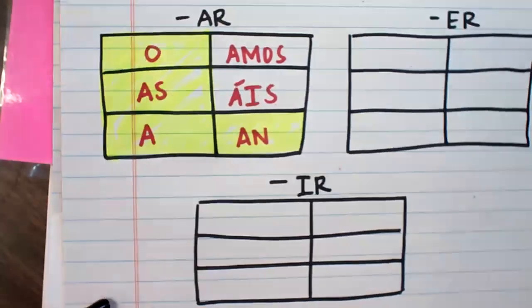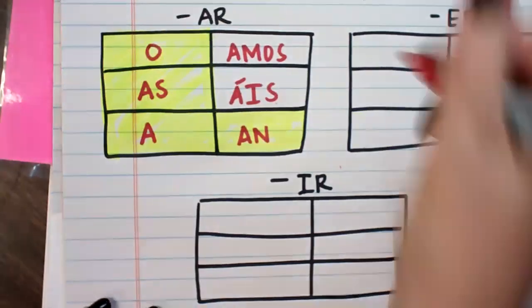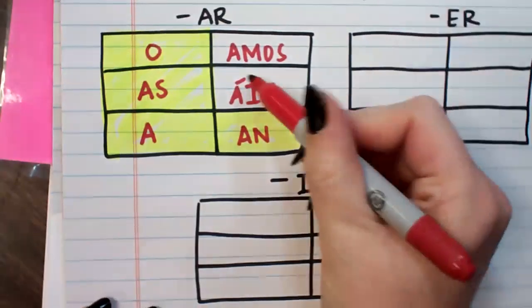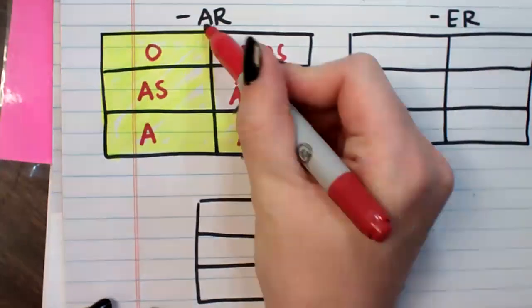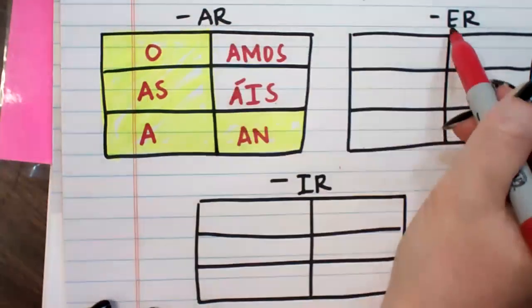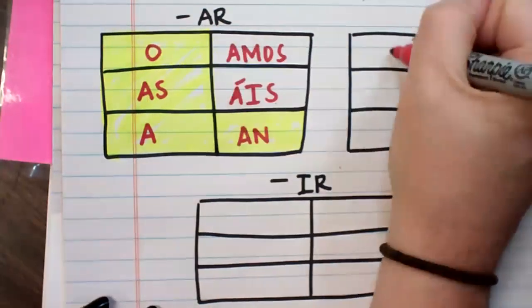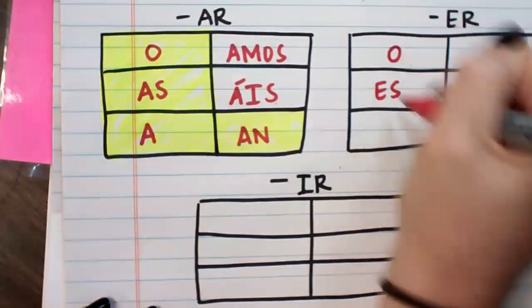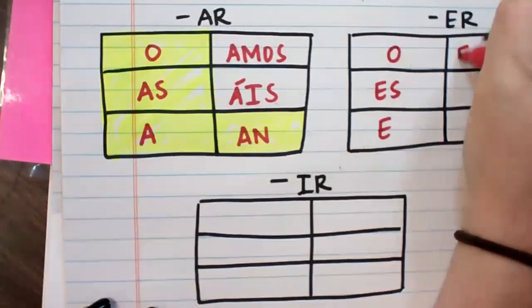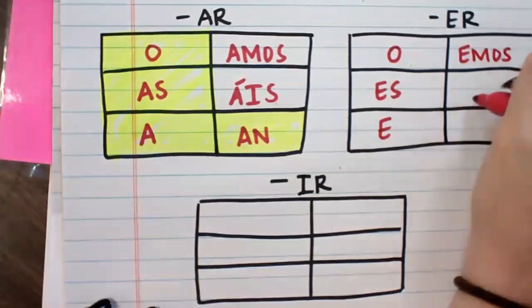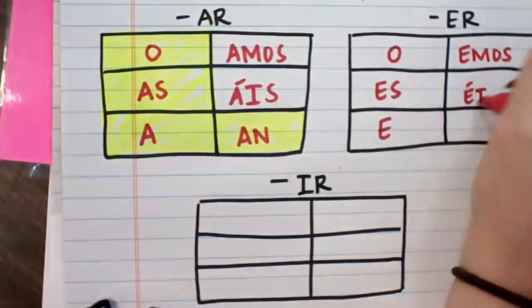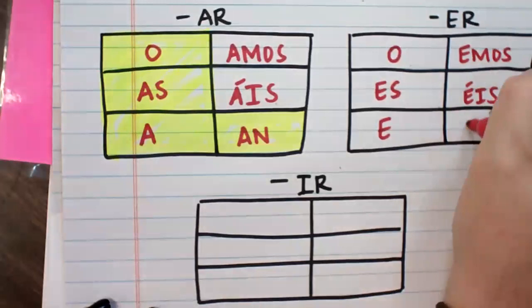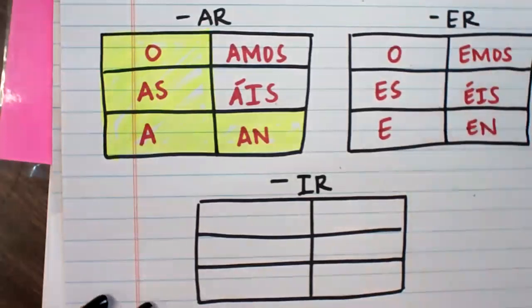Our ER endings, guess what? They're the same as this, but instead of an A, they have an E. O, es, e, emos, éis, en.